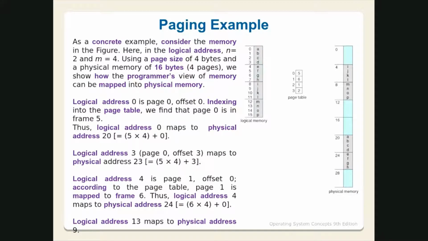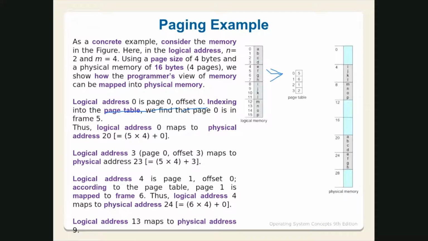Let's assume you have a logical address 0. What does 0 mean? Everything is 0. Page number is 0, offset is 0. So go to page number 0. Here it is, page number 0. Page 0 is in frame 5. Where is frame 5?